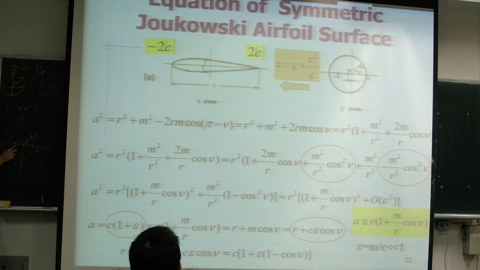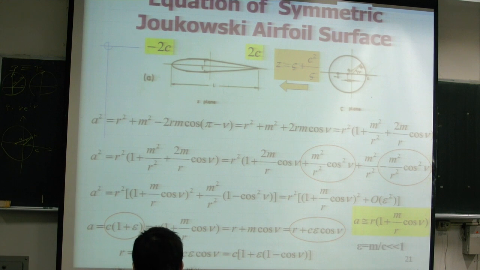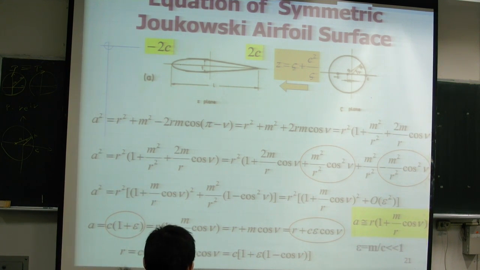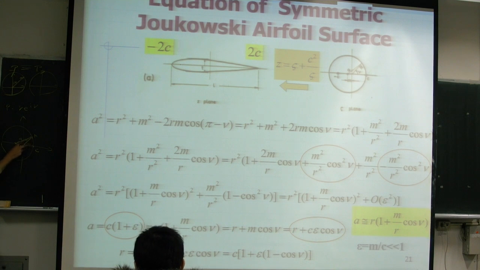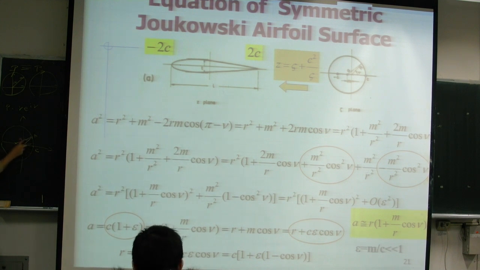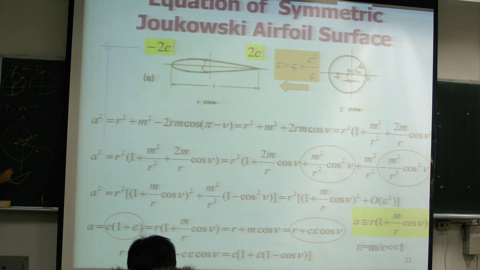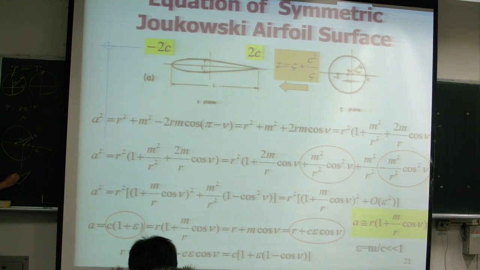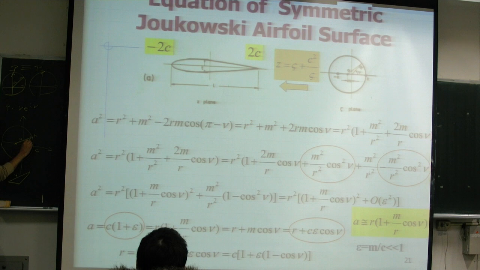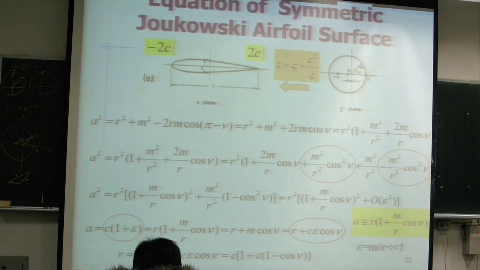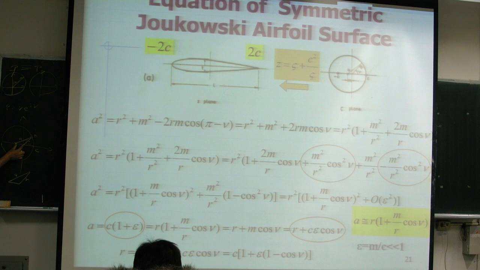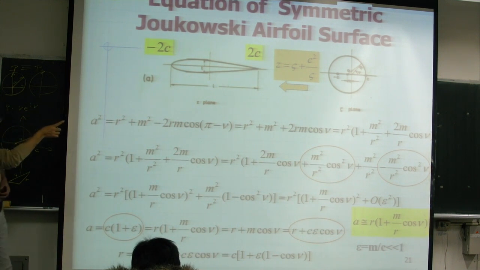Since the center is here, from here to here is A, because our radius is A. Then we apply trigonometry to this triangle here. Here the length is A, and here is R. And what's this here? M, right? We have M.